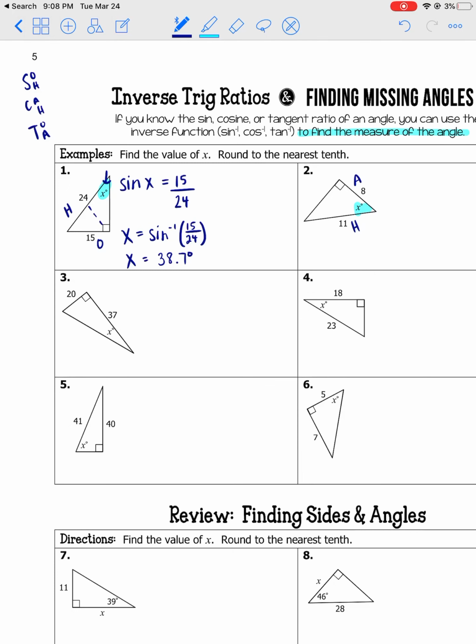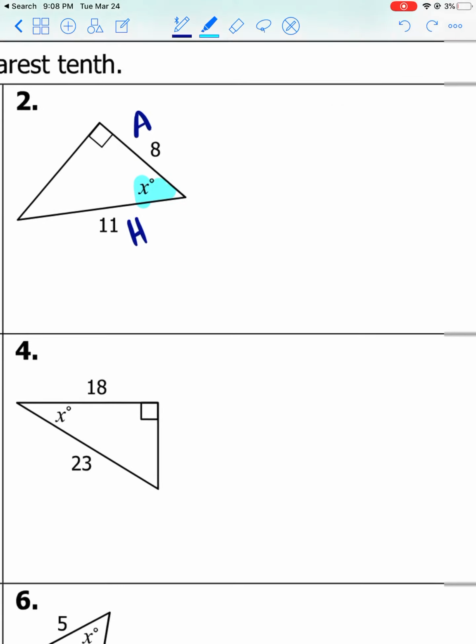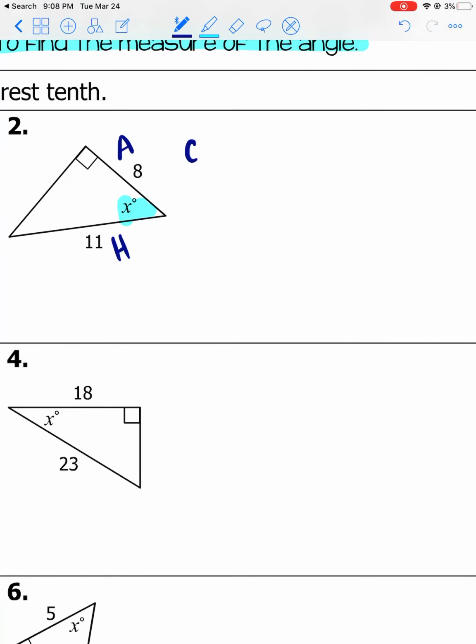The one that deals with adjacent and hypotenuse is cosine. All right, so cosine of x, remember it's always the ratio of the angle, cosine of x equals, so CAH, meaning adjacent over hypotenuse, 8 over 11.